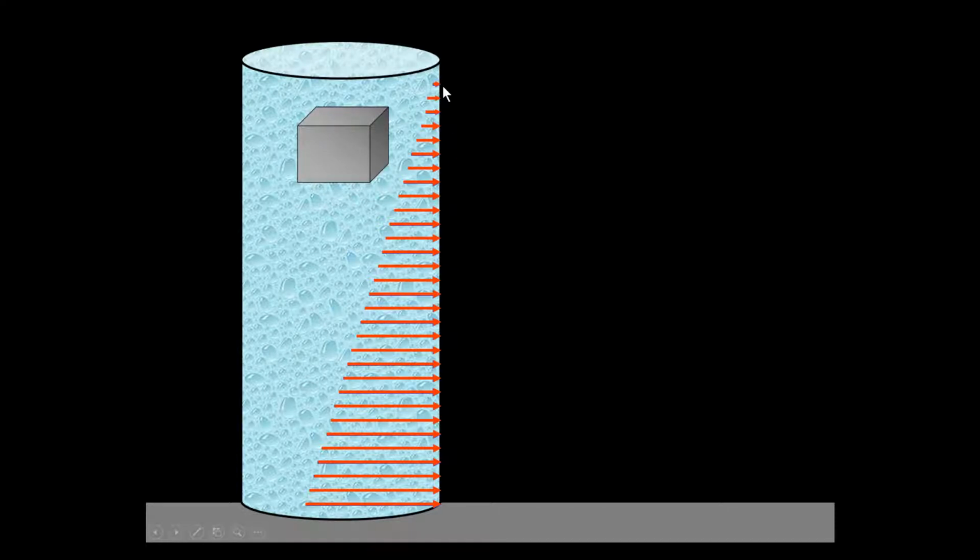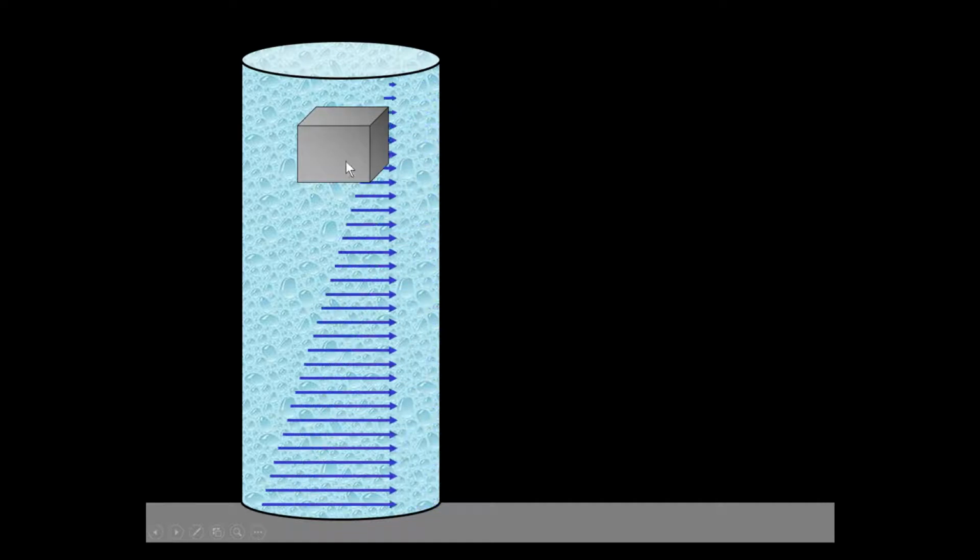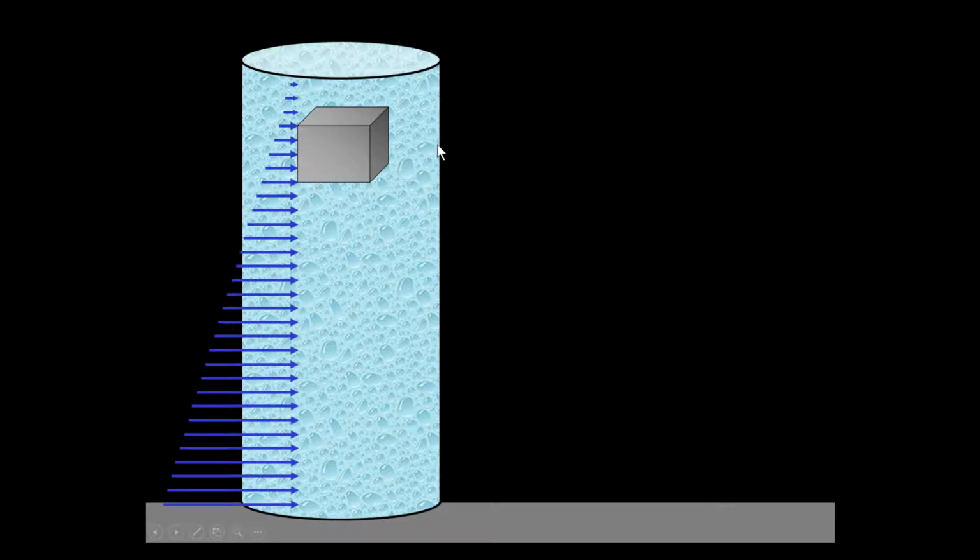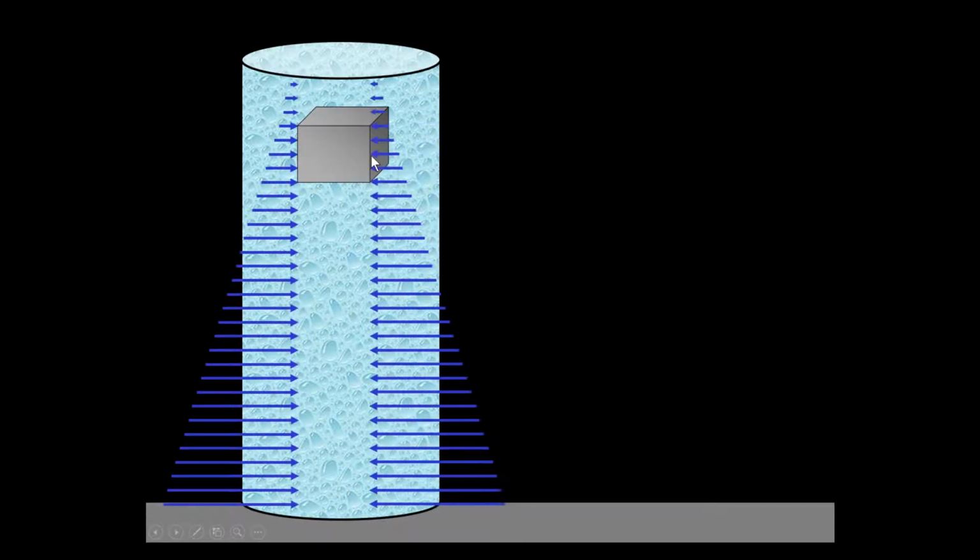But remember, liquid pressure comes from collisions of molecules banging into the surface, and those molecules are going in every direction. So it's not just pressure against the outside wall here, it's pressure against this wall and pressure against this wall.